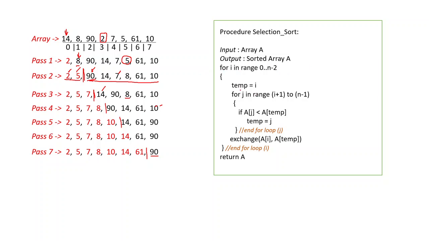So we consider that this temp is the variable that will contain the index of the smallest or the highest element. So we initialize temp to I. Now we start the J loop.